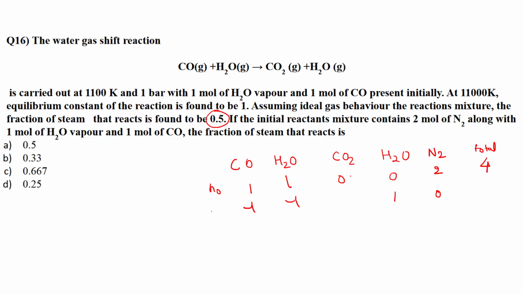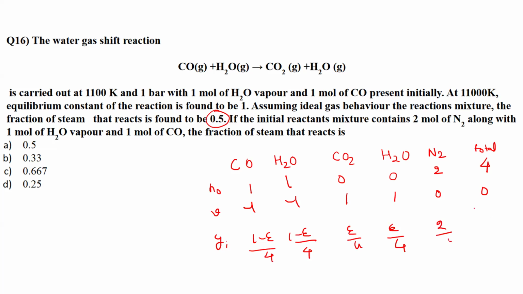And the total is 0 only. And just the yi here changes. 1 minus epsilon by 4, 1 minus epsilon by 4, epsilon by 4, epsilon by 4, and 2 by 4. That is 1 by 2.